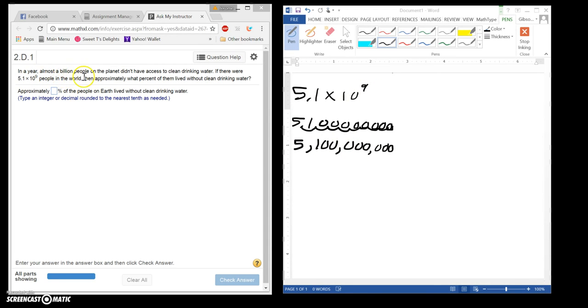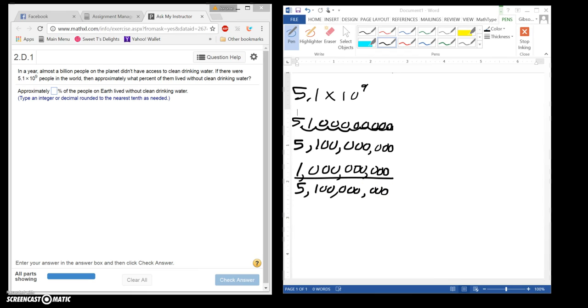Now, we're told here that almost 1 billion people on the planet didn't have access to clean drinking water. So we want to know the percentage of this. So we would take 1 billion and we would divide it by the total population, which is 5,100,000,000.